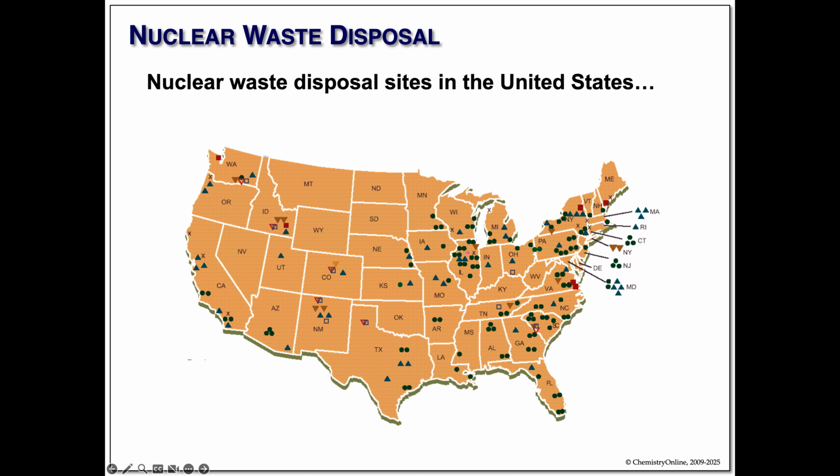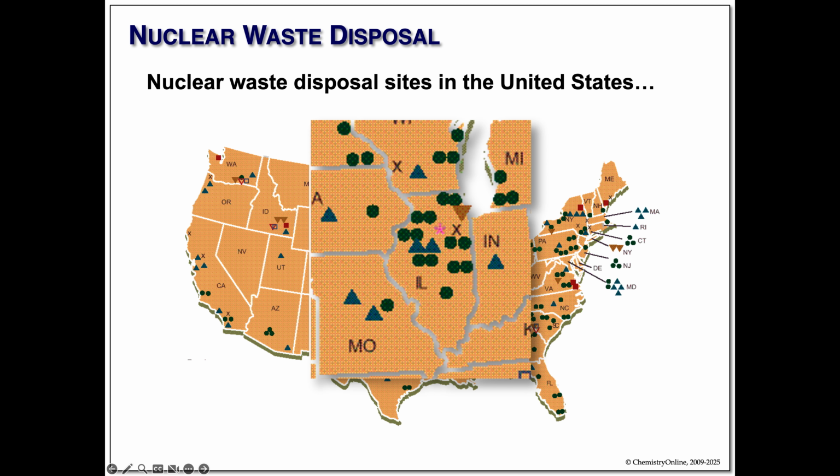These are various places around the country that do that. Illinois is here. Illinois leads the entire nation in the number of storage spots. Chicago is right here, Morris is right here, yep, right down there.